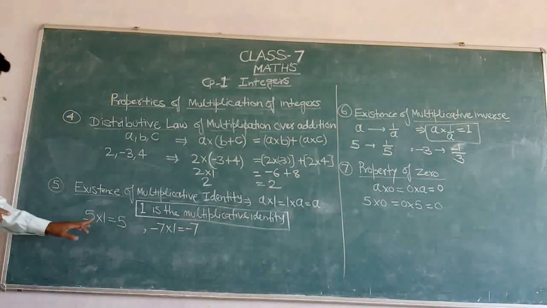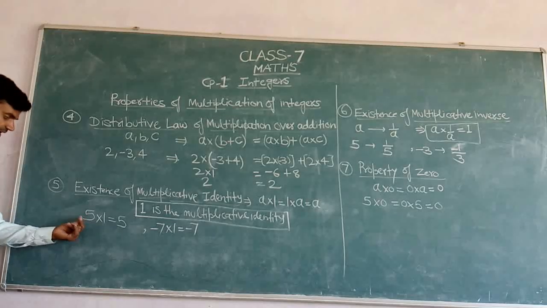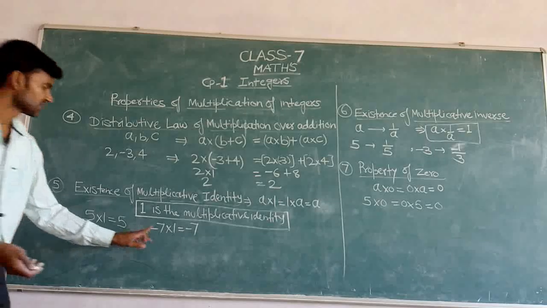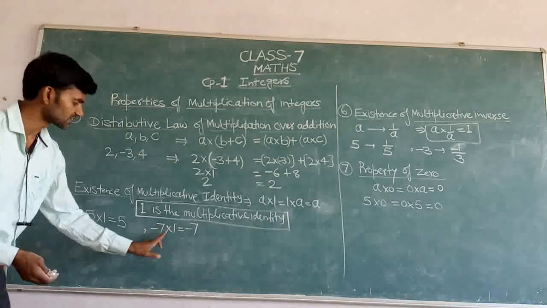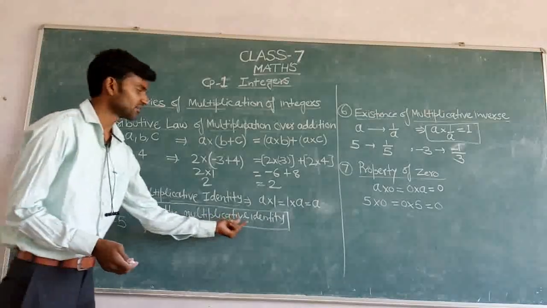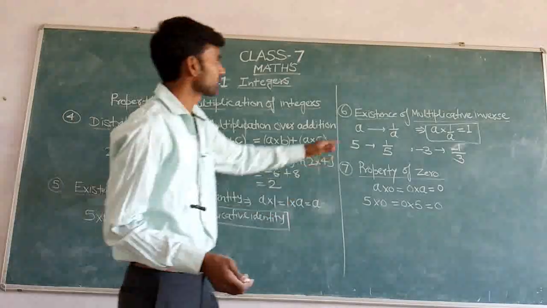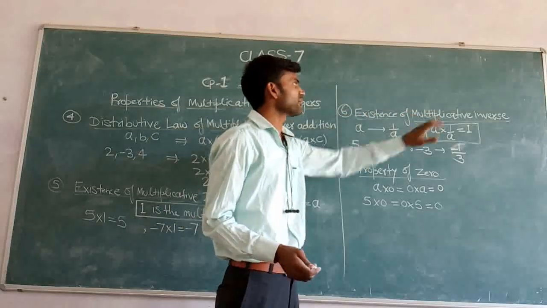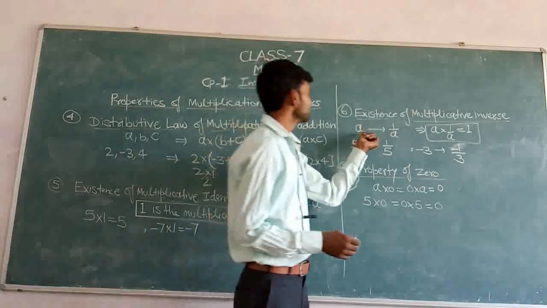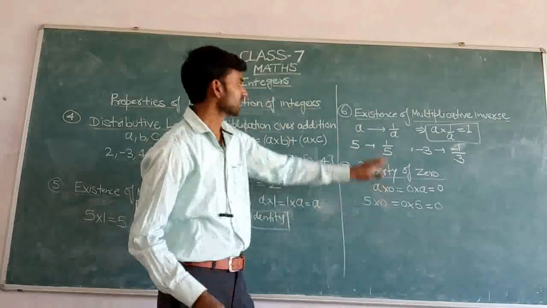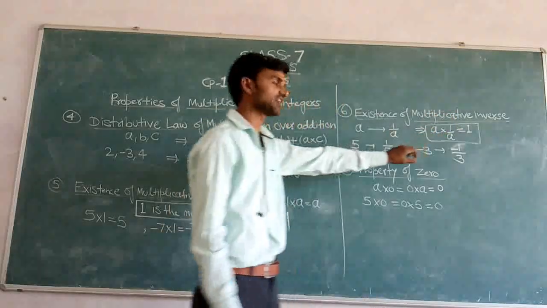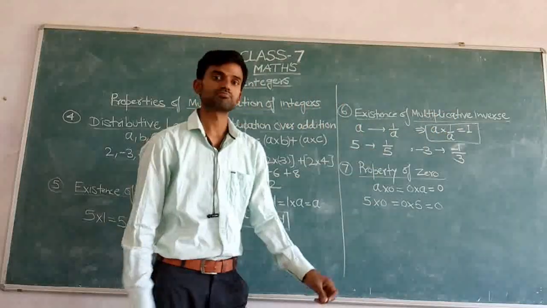Okay. Now look at an example. When 5 is an integer, 5 multiplied by 1, we get 5. Minus 7 is an integer, minus 7 multiplied by 1, we get minus 7. So 1 is the multiplicative identity. Now come to the existence of multiplicative inverse. Suppose a is an integer, then 1 upon a is the multiplicative inverse of the integer a.